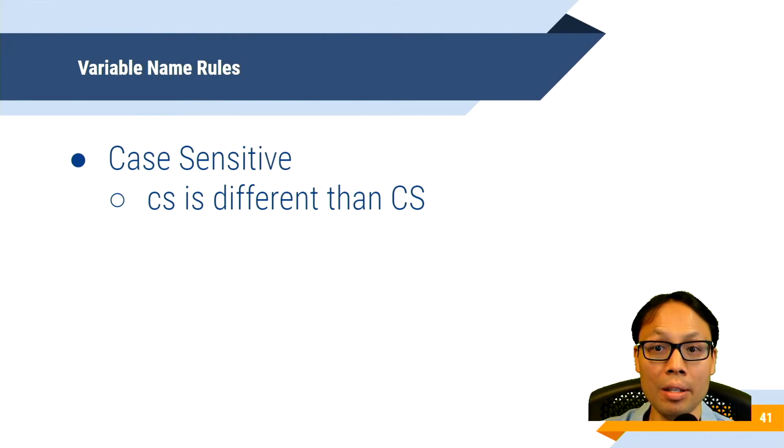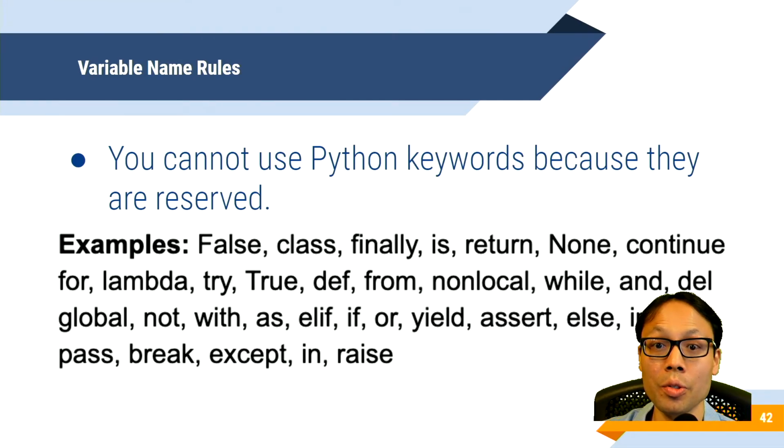Variable names in Python are also case sensitive. For example, CS all lowercase is different from CS all uppercase. Now there are certain Python keywords that you can't use as variable names, and this is a small list of them. Whatever you do, don't use them.